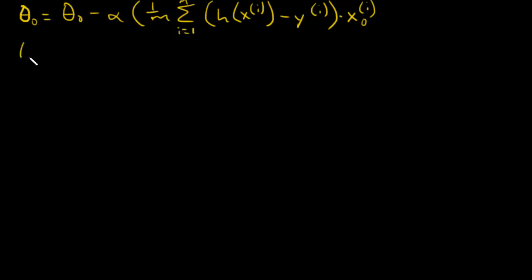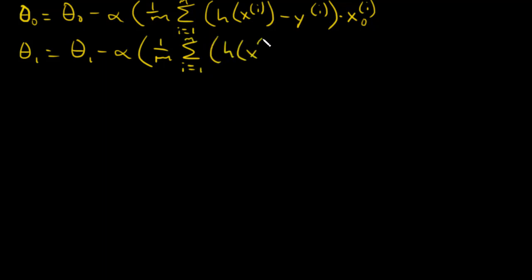And then we had theta 1 equal to theta 1 minus alpha times 1 over m summation i equals 1 to m of h(x_i) minus y_i times x sub 1, i. Okay, let's say that we are running through this inner code.